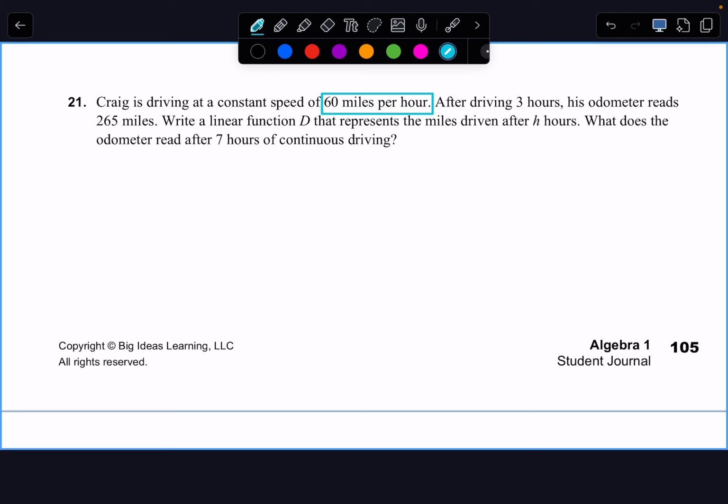So if we can remember that slope is the same thing as our constant rate of change, then we can look at a rate of change like 60 miles per hour and be able to say, that's our slope.